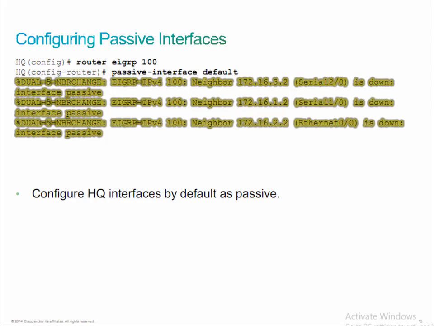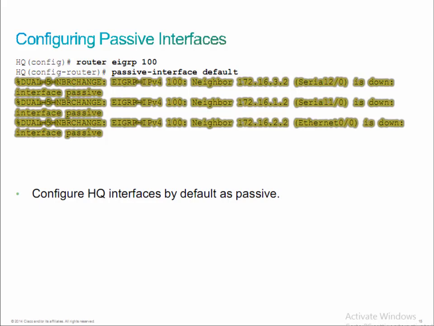It suppresses the protocol from running on the particular interface. Now in RIP, it's a little bit different because in RIP, we don't form neighbor adjacencies. So passive interface does not suppress the receiving of routes, but it suppresses the sending of routes in RIP. In OSPF and EIGRP, passive interface suppresses both because I only exchange routing information with my neighbors.